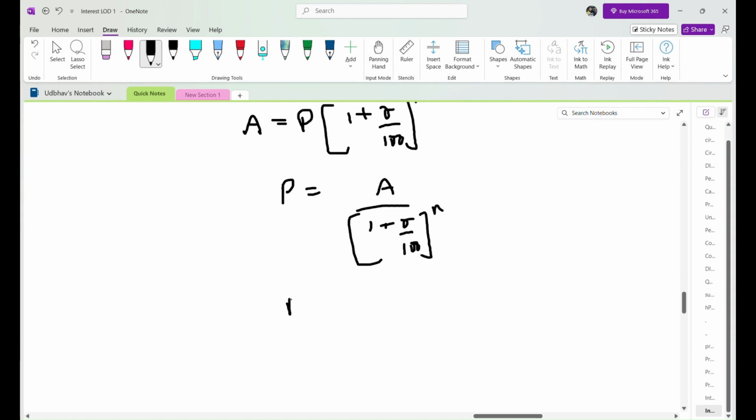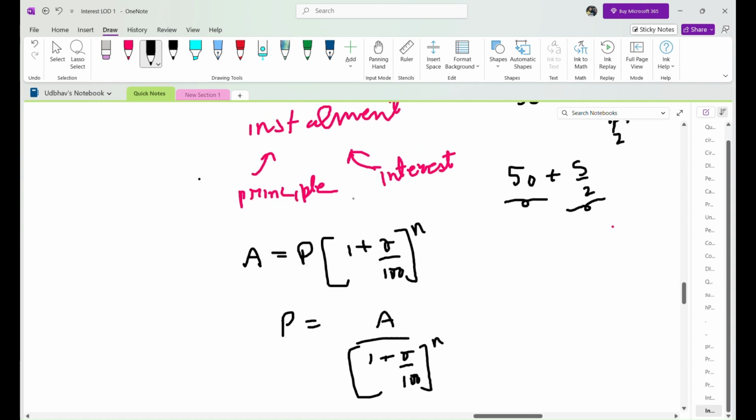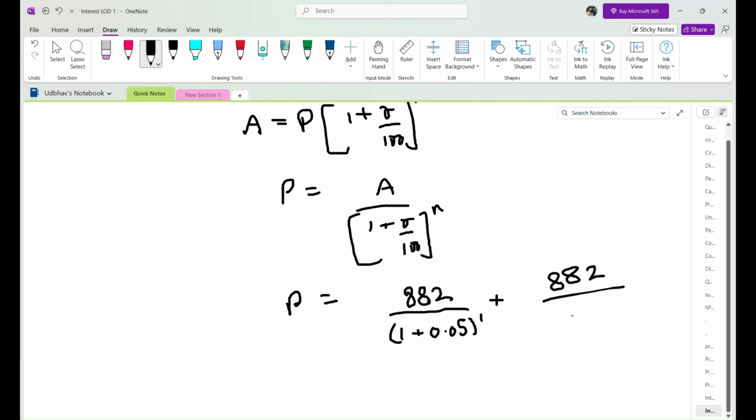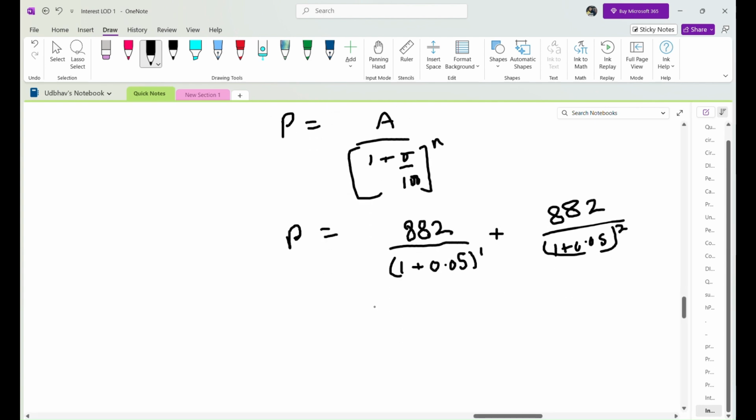So the principal will be, the first installment was 882 rupees upon 1 plus 0.05 to the power 1, plus again the next year 882 rupees upon 1.05 to the power 2. This is for the first year and this is for the second year.